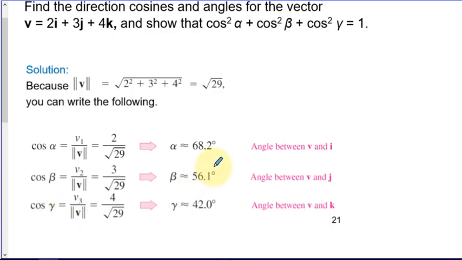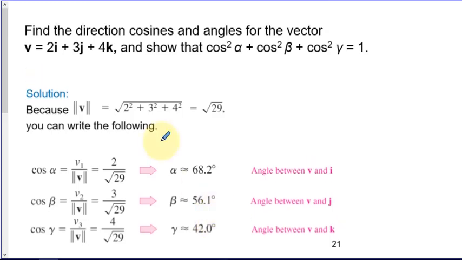So if I wanted to, I could then find each of the angles alpha, beta, gamma using cosine inverses. So that's what the question asked for: find the direction cosines and angles. So we have the direction cosines 1, 2, 3, and the direction angles here 1, 2, 3.